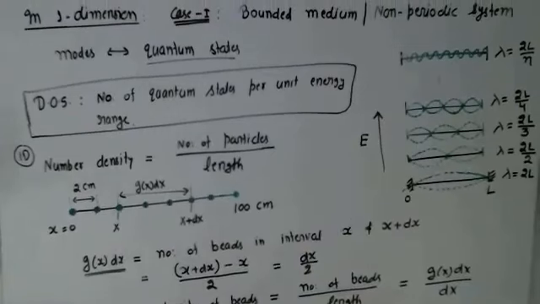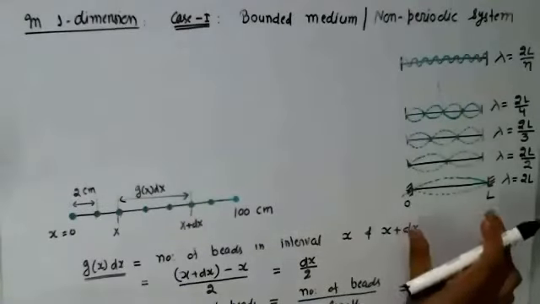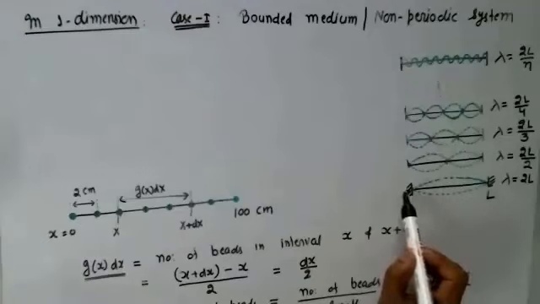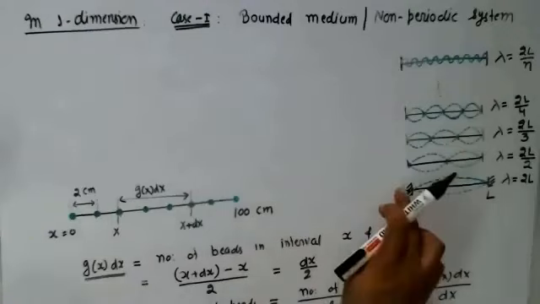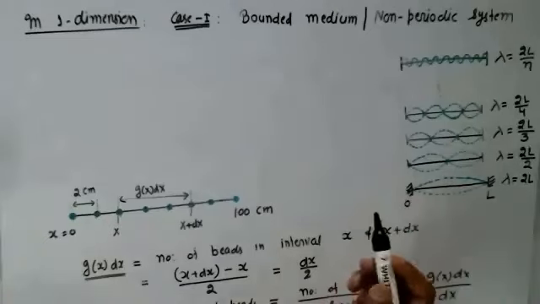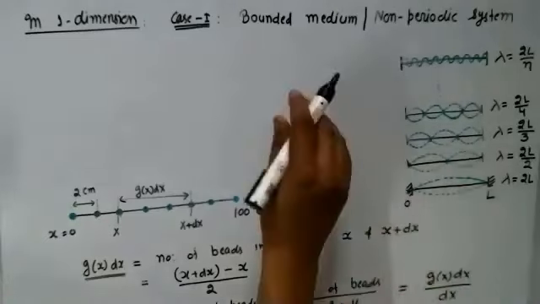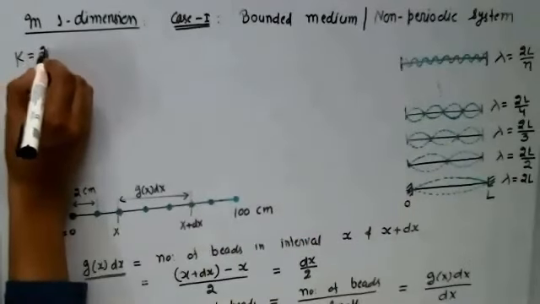So coming back here now. We're going to count the number of states here: the first state, second state, third and fourth state. So what do we do? I'm going to change the space. I'm going to write down these states in the k space. You know k is a wave vector defined by 2 pi by lambda.